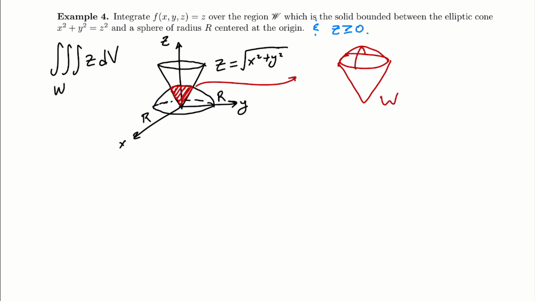This region here is essentially simple because if I start at the origin, which is the tip right here, and strike a straight line outward, the last surface it hits is the actual spherical cap. It doesn't hit an inner surface.